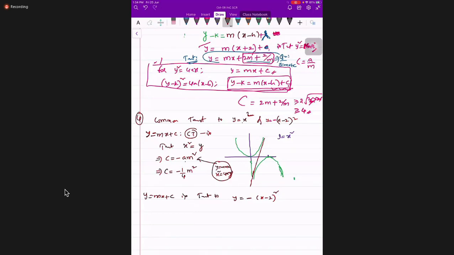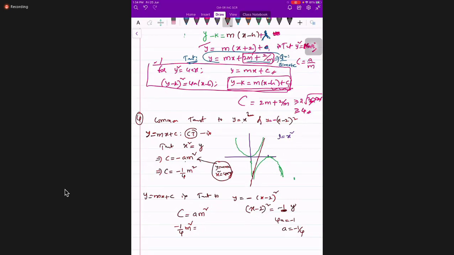What is a here? You can write this as x minus 2 the whole square equal to minus 1 into y. So then what is 4a now? Minus 1. A is minus 1 by 4. The condition is C equal to am square. Correct, students? So the C value we already know above is minus 1 by 4 m square, equal to the a value, which is minus 1 by 4 m square.